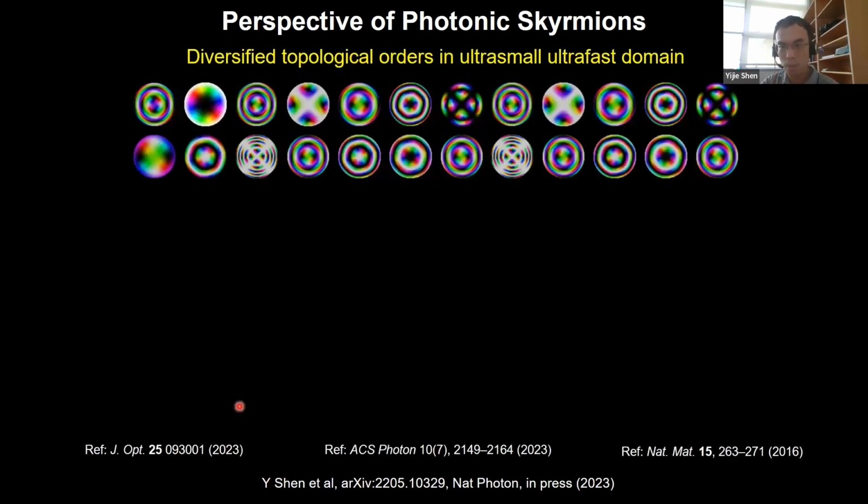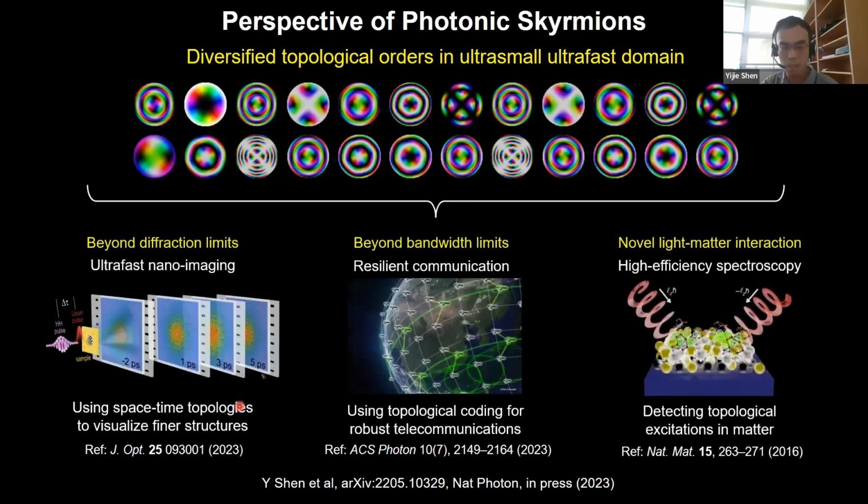Once we control diversified topological order in such a small dimension, many applications can be extended using the skyrmion. For instance, we have the deep sub-wavelength feature for ultra-fast, ultra-small imaging, microscopy, and metrology beyond the current resolution limit.